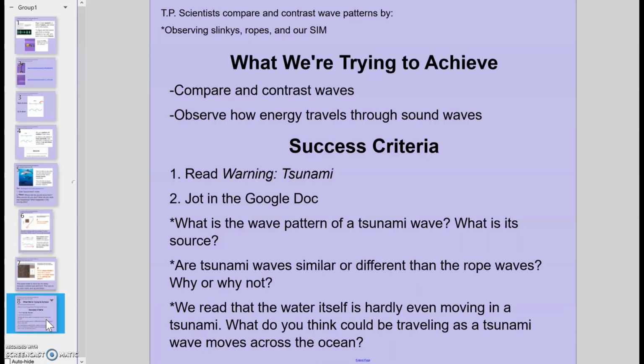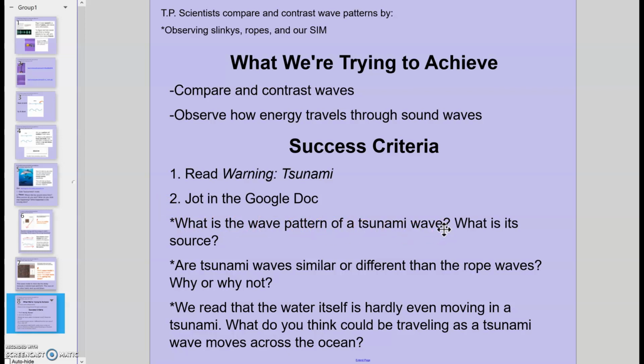For today, you guys are going to read this book called Warning, Tsunami, and you're going to be looking at yet another type of wave. And as you're reading, I want you to think, how is that similar or different to the wave patterns we just looked at in the slinky, the rope, and the sim? Then you'll jot a few questions on the Google Doc. One is, what is the wave pattern of a tsunami wave?